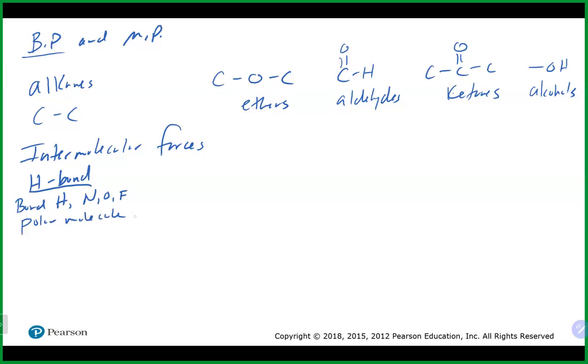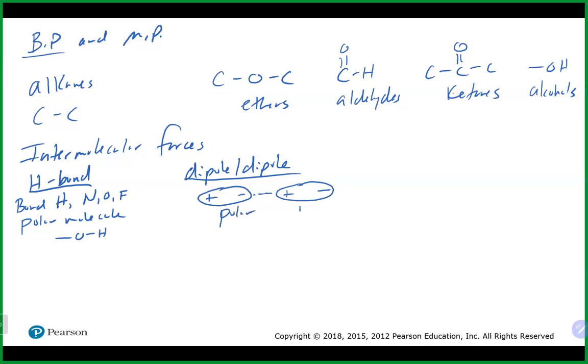When they have that bond, like water that has the OH bond, it's able to do hydrogen bonding. There is dipole-dipole interaction, which is how polar molecules interact with each other. They basically interact with the positive side of one attracted to the negative side of another. And because these are polar molecules, they always have a positive side and a negative side because of their dipole moment, the unequal sharing of electrons as a whole. And that's pretty strong as well.